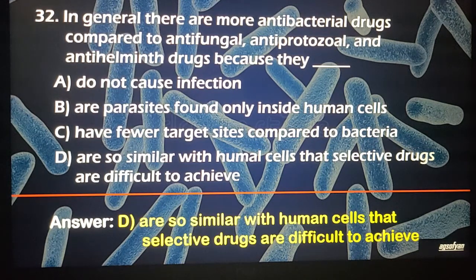Bacteria, they are different. They are prokaryotics. Therefore, making antibacterial drugs usually easier compared to making the antifungal, antiprotozoal, and antihelminthic drugs because this drug might cause toxicity to human cell, so they are not selectively toxic.